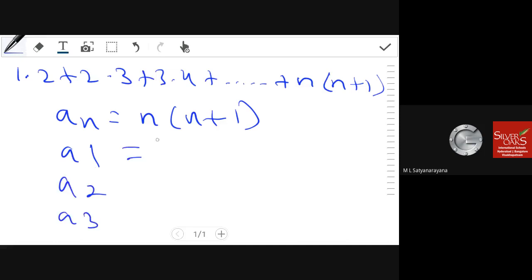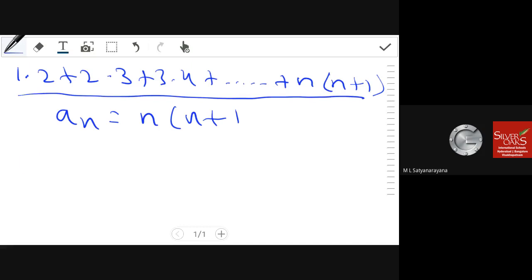You check a1, it will be 1 into 2. Brackets is nothing but for multiplication. a2 will be 2 into 3. a3 is 3 into 4. So very clearly you have these terms. Now our job is not only just finding the nth term, we have to find the sum to n terms. We have to sum up all of this.